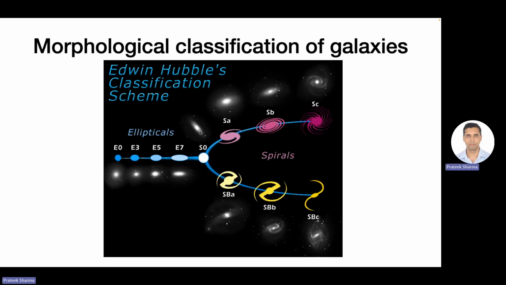That's why it's an S0 galaxy, distinct from an E0 galaxy. So these are elliptical galaxies, and on the right we have spiral galaxies. S0 is something called a lenticular galaxy. It has a central part like an elliptical galaxy, and an extended part which is disky but does not have prominent spiral arms.